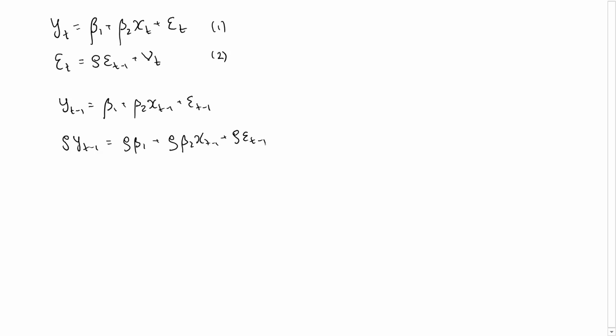So let's call this equation 3. It is completely equivalent to equation 1. If I have two equations and I subtract one equation from another, I get a new equation which must still be true. So let's do equation 1 minus equation 3. On the left hand side, I do this one minus this one, so I have y t minus rho y t minus 1.